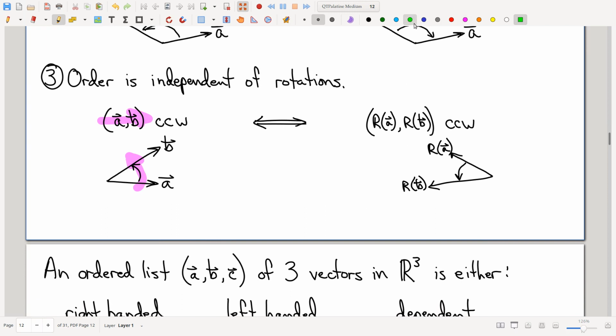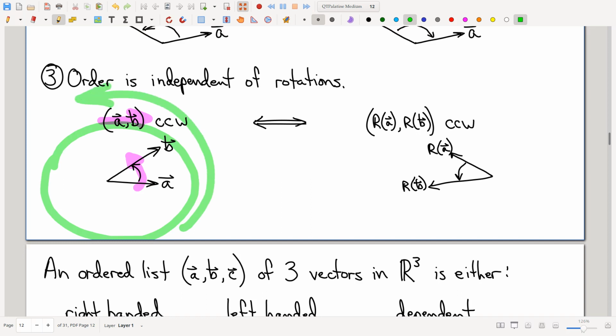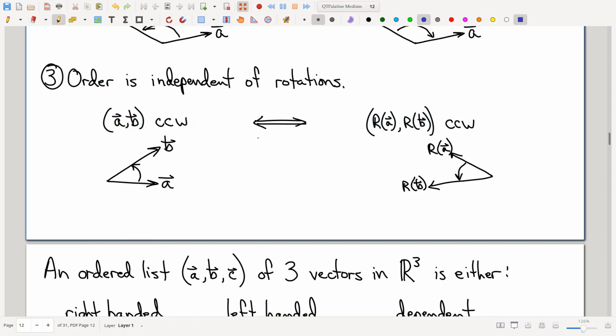If I take this whole picture, and rotate the whole thing counterclockwise by some amount, rotate it any way you want, counterclockwise remains counterclockwise, right? These resulting vectors are still counterclockwise. Is that satisfying? Okay. Again, not too shocking of a result.